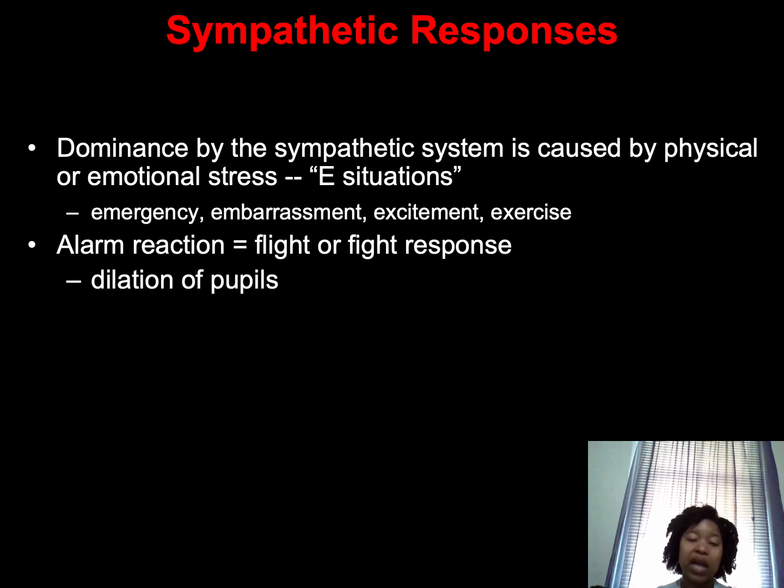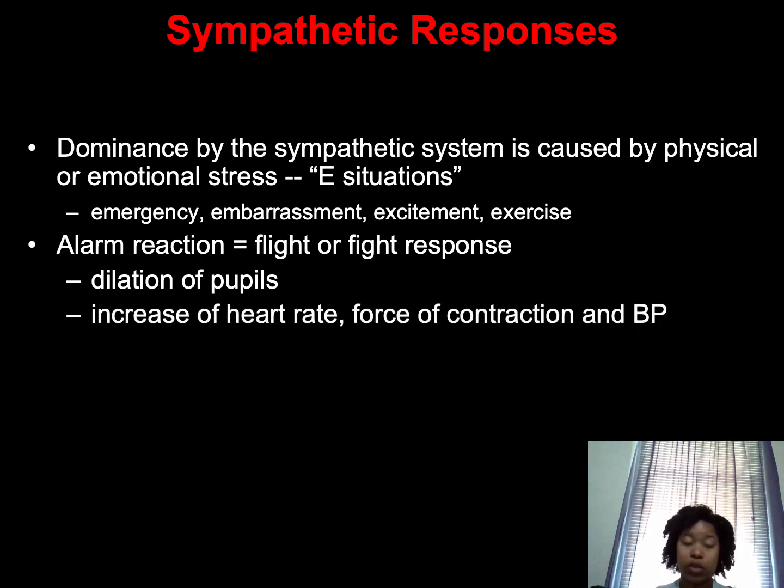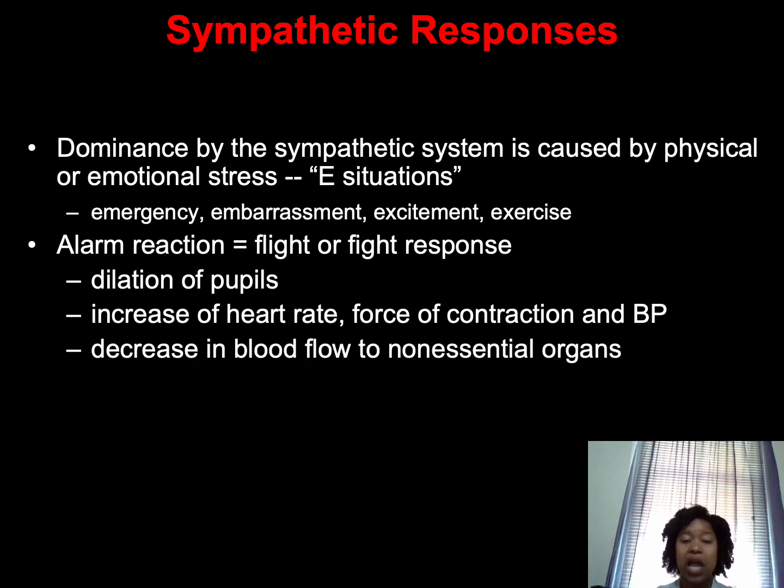What you'll see with that is dilation of the pupils. Remember, the black spot in the eye will get larger in order to allow more light to come in. There will be an increased heart rate as well as forced contraction and blood pressure. That is pumping more blood out so you have more oxygen available to all the muscles in case you need to act quickly, for whatever fight or flight response you've got, as well as decreased blood flow to non-essential organs.